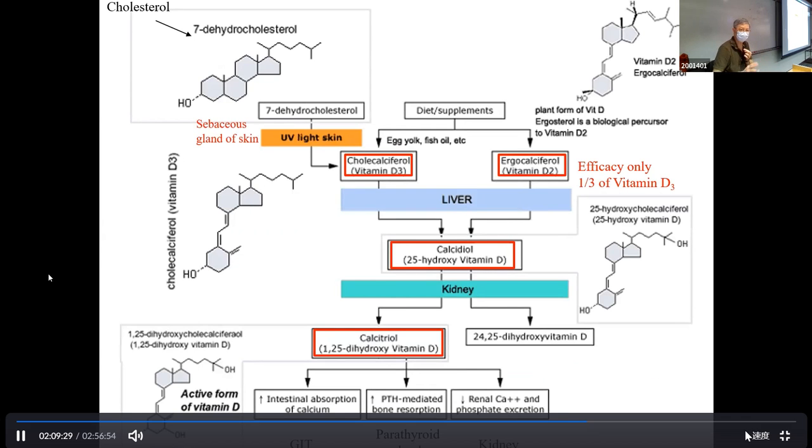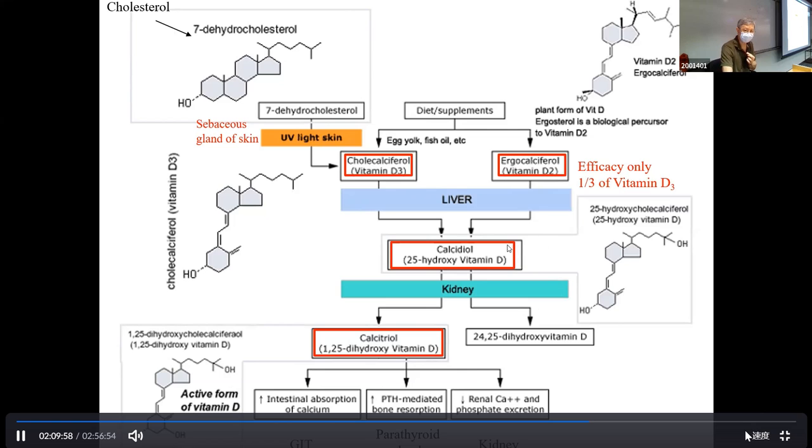Again, you don't need to memorize the structure, but you should be familiar with the name. We can have vitamin D either from the skin through exposure to the sun, or you can get some vitamin D from the diet. Ergocalciferol will be from the plant source.